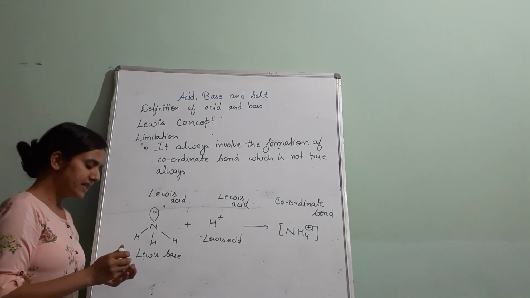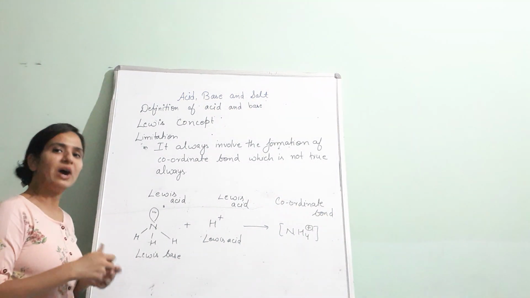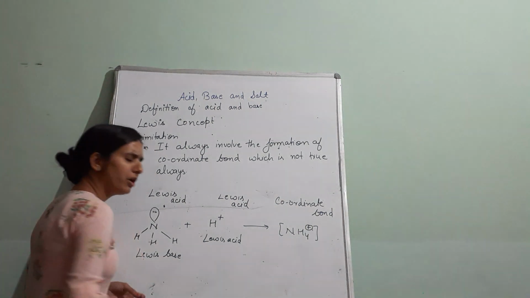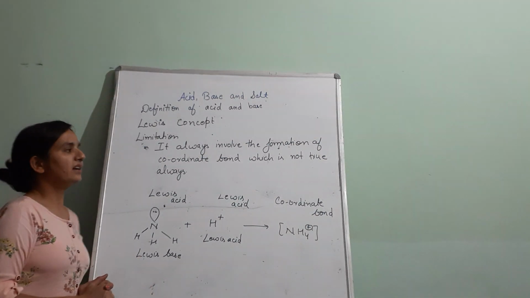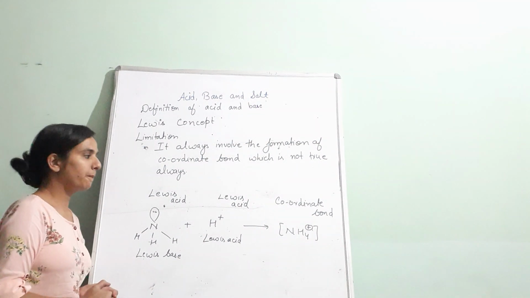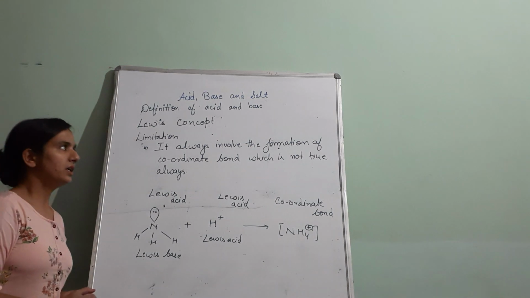Clear? Because acid-base reactions are quite fast and the formation of coordinate bond is quite slow. This is all about the definition of acid and base. Next we are discussing in our next lecture.